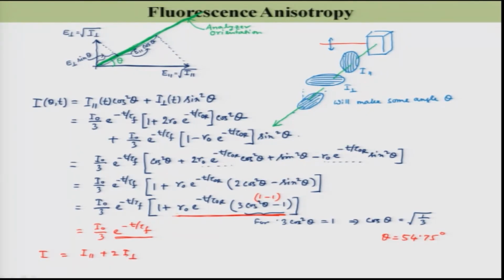Just put all these values, I mean the expressions of I parallel and I perpendicular, and simplify it. You will also get that only the tau f term is there. In this case, you have to measure 2 times, but if you put this angle during measurement, then you have to measure only a single time. The result is the same, right? And this angle is a special angle, and this angle is known as the magic angle.